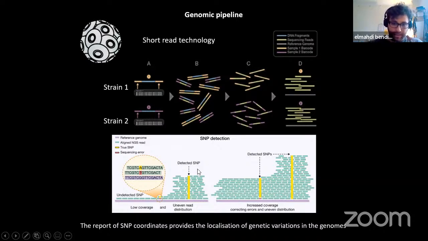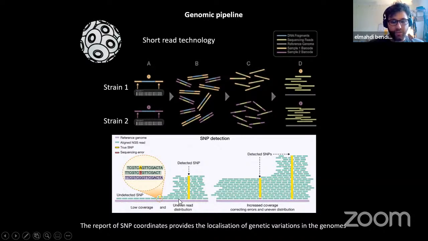Once we get the reads, we may use a reference genome. That part is more in silico, of course. The reads are the small sequences, the small sentences representing the genomes. What we want to do is reconstruct: instead of working with small sentences, we want to get larger sentences to match with the reference genome.